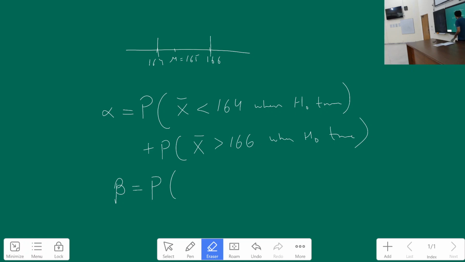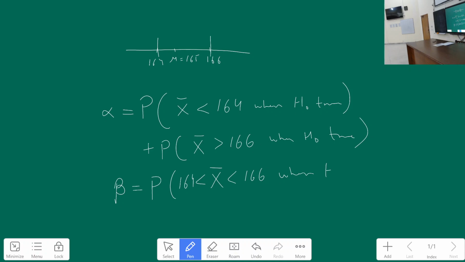The probability that your estimate falls in this range, x bar is greater than 164, less than 166. When, this is important, it's not just this thing.